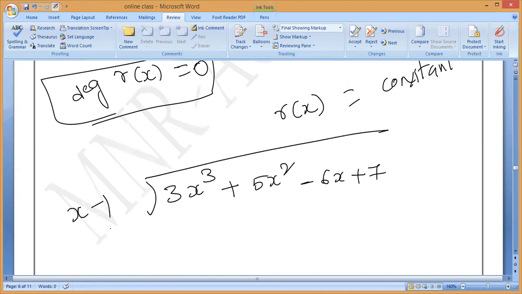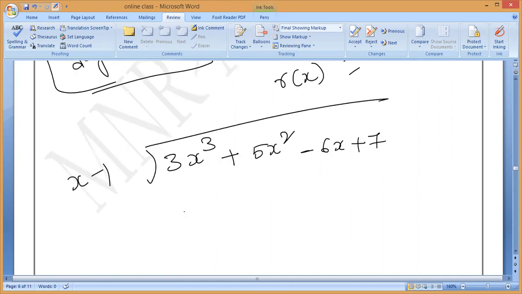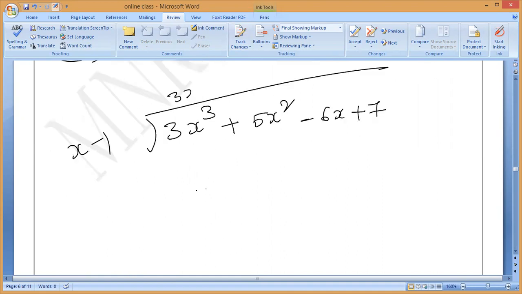X minus 1, all of you take. This is my example. So now solve it and tell me what is the r of x degree. Let me see who will say first.